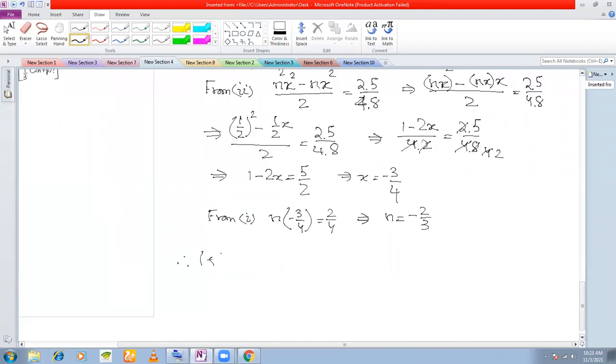Therefore, 1 plus 2 by 4 plus 2 into 5 by 4 into 8 plus 2 into 5 into 8 by 4 into 8 into 12, the given series, up till infinity, must be equal to 1 minus, what is the value of x? 3 by 4. So the power of n is minus 2/3.